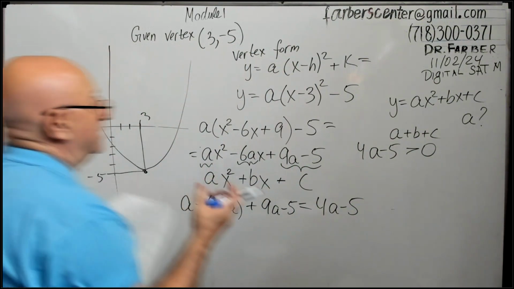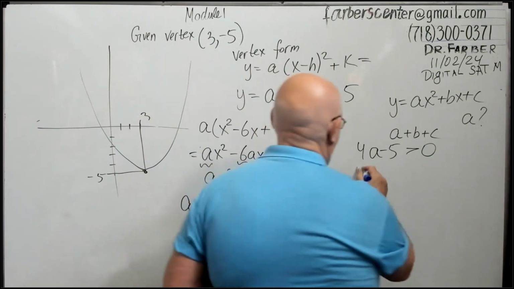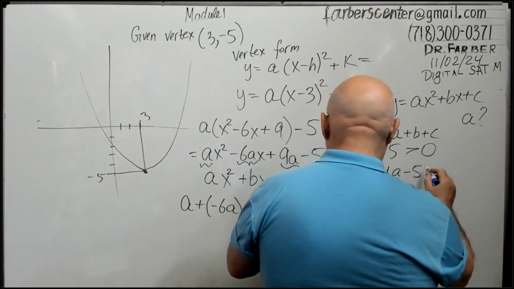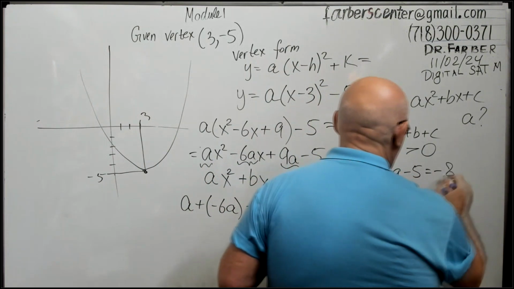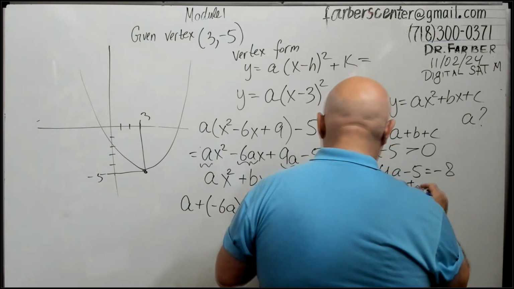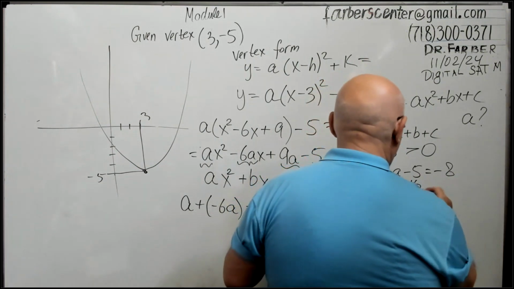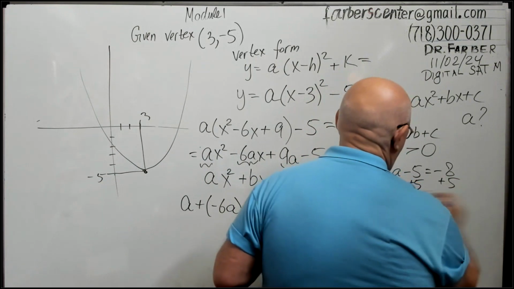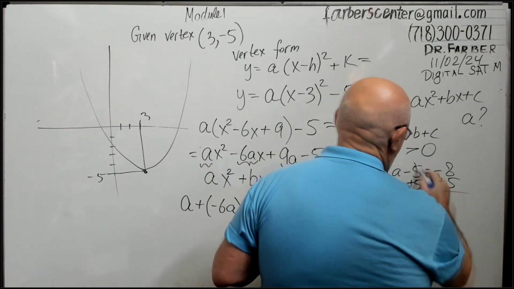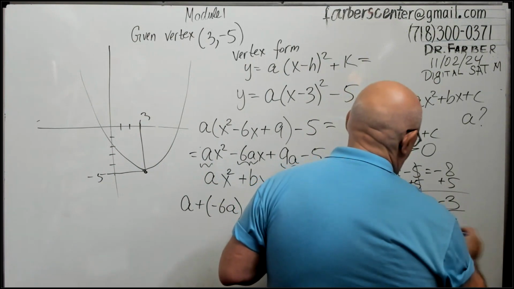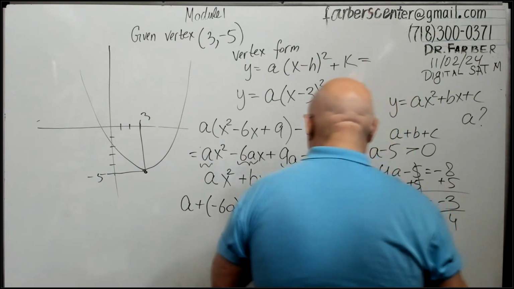For instance, let's say I choose A for multiple choice. 4a minus 5 equals negative 8. Plus 5 and plus 5. 4a cancel out equals negative 3 divided by 4. A equals negative 3 over 4.